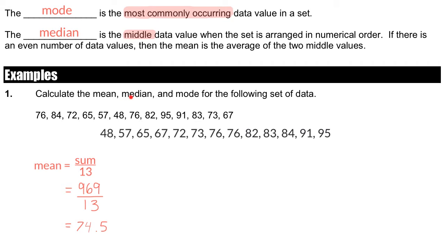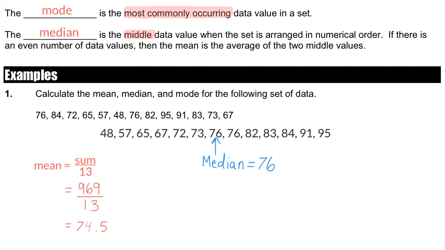Next, I'm going to calculate the median. The median is the middle value in the list. So here I have 13 values in my list. The middle one is going to be right here so that I have 6 values on either side of it. The median cuts my list in half so that it's symmetrical on either side.